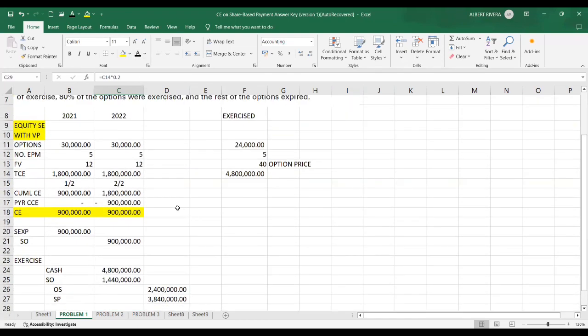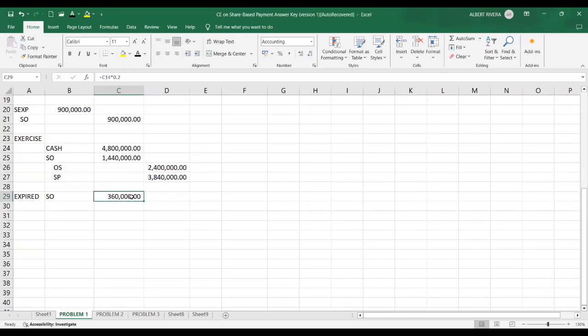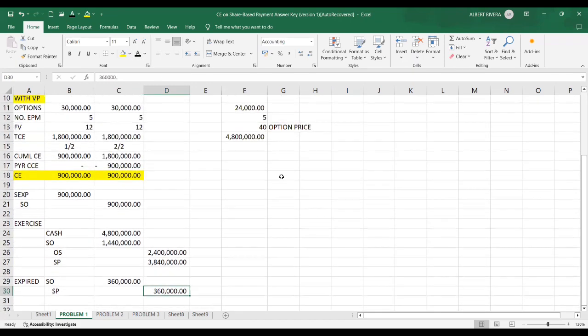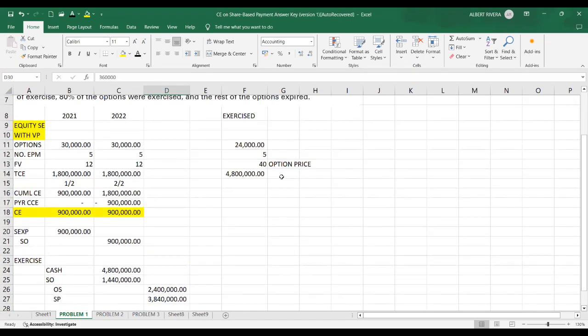The unexercised or the expired share options is equivalent to 6,000. 6,000 times 5 times 12, and that would be 360,000 pesos. And credit now your share premium equivalent to 360,000. Okay? Ano common na tinatanong? Ito, compensation expense for 2021, 2022. Okay?